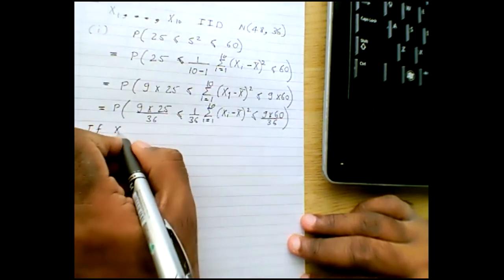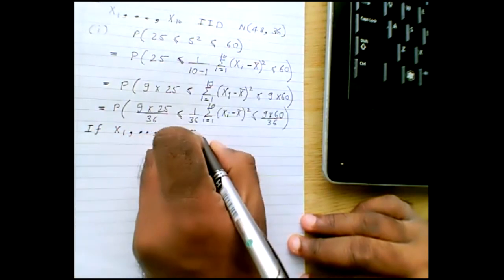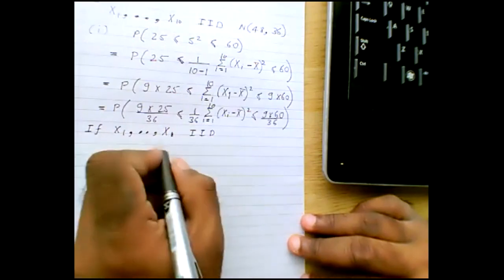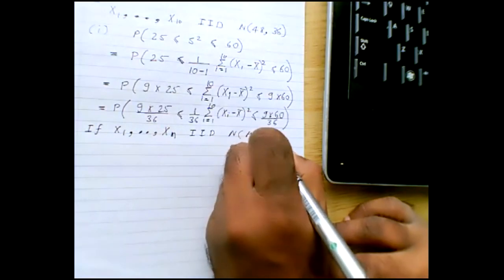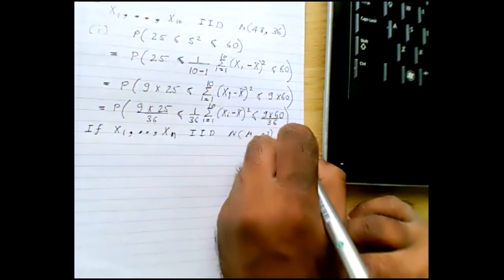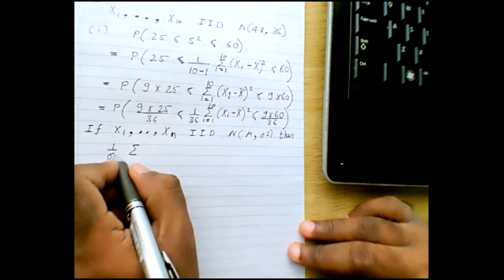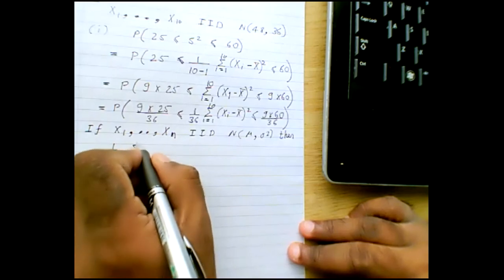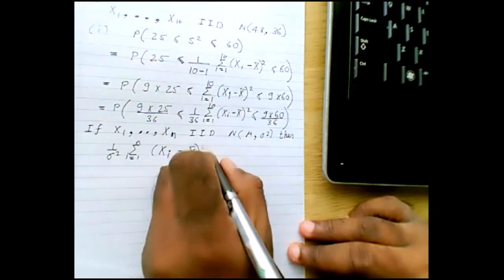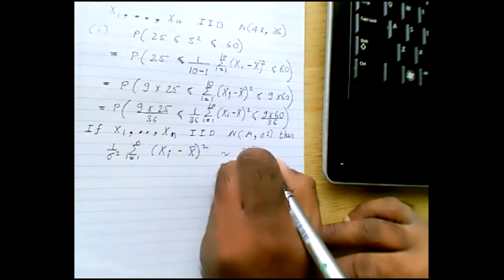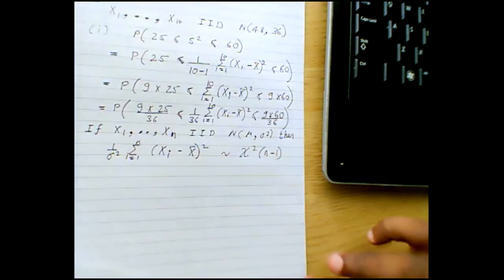This is a property I mentioned some time ago in the video on chi-square distribution. If you have a random sample of size n from a normal variable with these parameters, then the following is true: 1 over sigma squared times the sum of (xi minus x bar) squared has a chi-squared distribution with n minus 1 degrees of freedom.